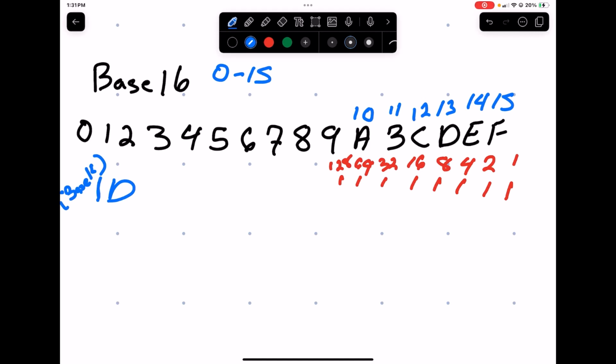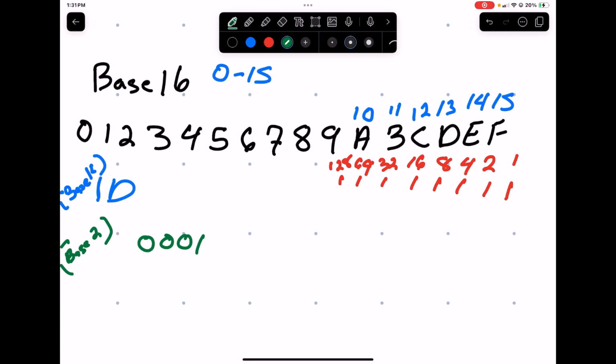And now we're going to go ahead and do base 2. All right. So we know 1 is going to be 1, right? So that's going to be 0, 0, 0, 1. Okay. That's easy. And we know D is going to be 13.